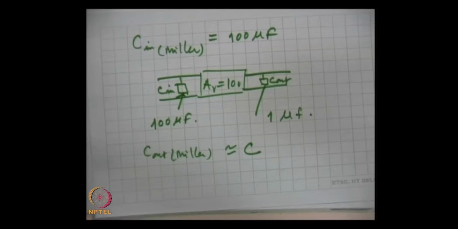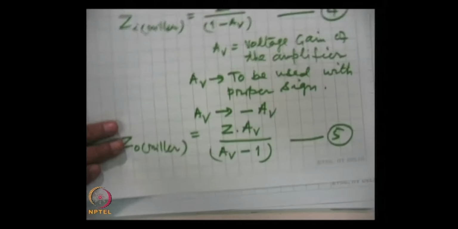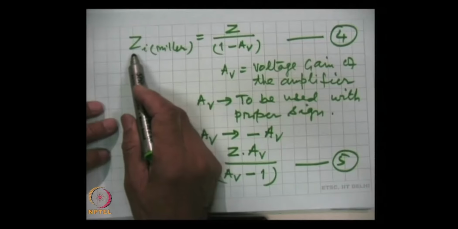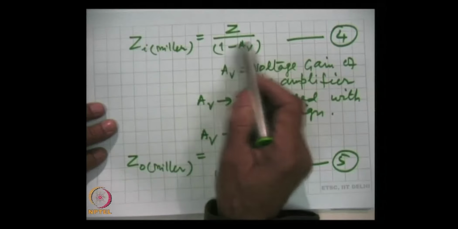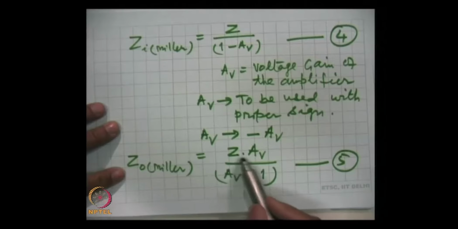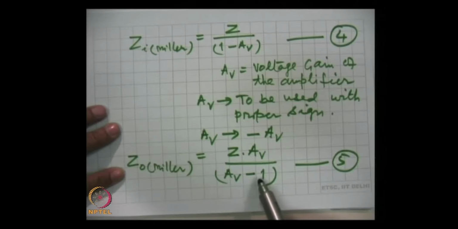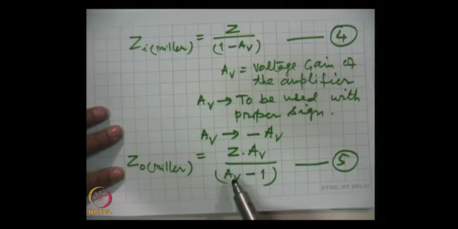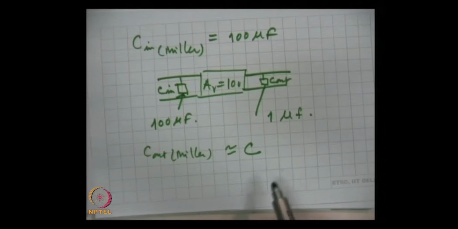The fundamental relations are that Z in Miller is Z divided by 1 minus A V, and Z out is Z into A V by A V minus 1, where A V, the voltage gain, is to be used with proper sign, and A V is negative for CE, but it is positive for common base and common collector circuits. Now, we can go ahead with high frequency response of the amplifier.